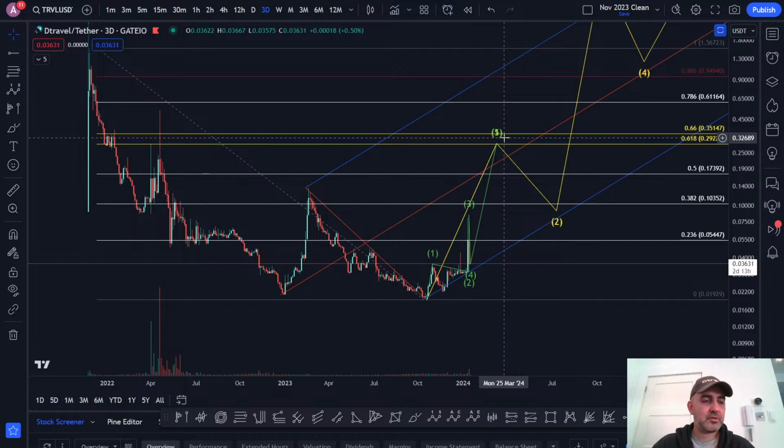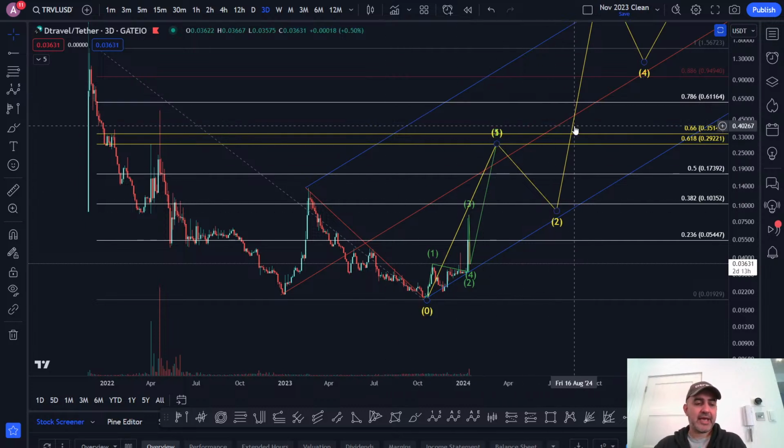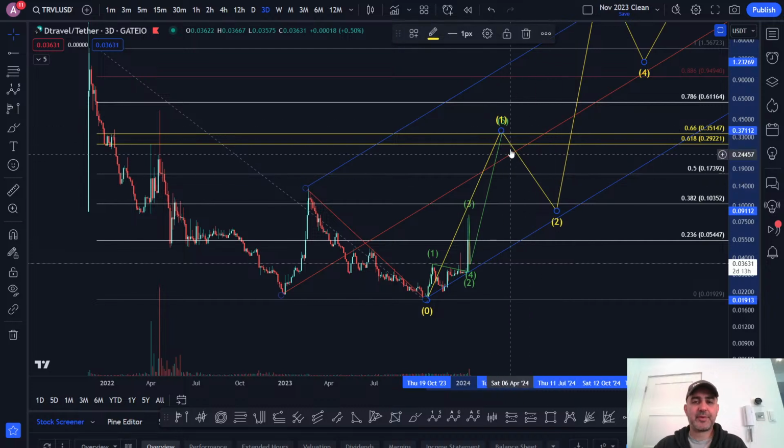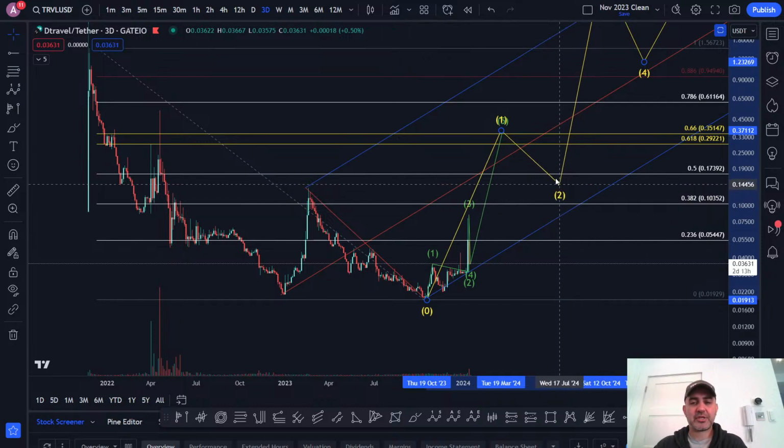So that's why I think it would be good to test the golden pocket, go into the golden pocket, take the liquidity of the golden pocket, so that the next time you attempt to go through the golden pocket, it'll be easier. There'll be less liquidity, so the next time it attempts to go through, it won't be such a problem. And then this correction, it might come down, but it doesn't necessarily have to come all the way down to 9 cents.